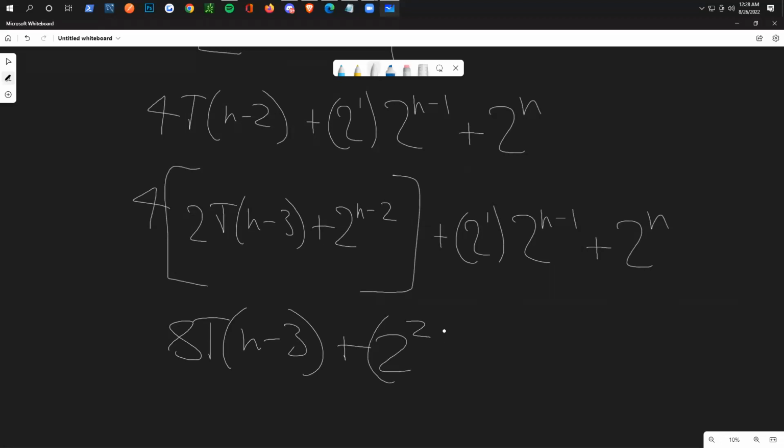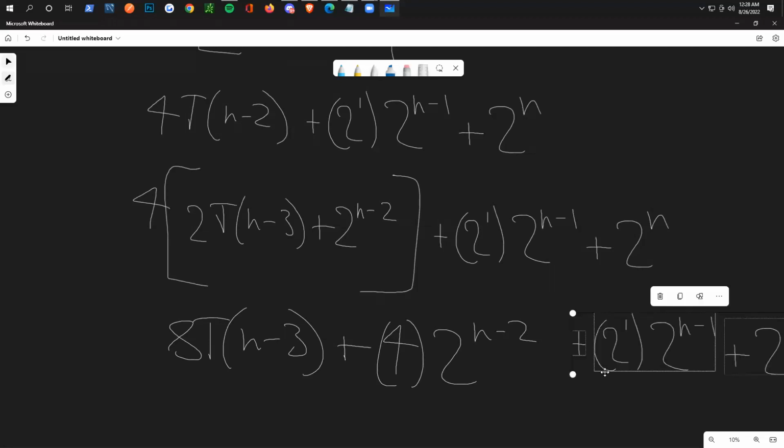So 2 to the 2, actually, let's just keep it in terms of 4 real quick. So it's just 2 to the n minus 2 plus all of these terms right here.